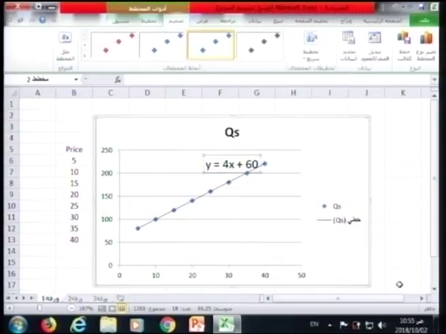The supply function QS equals 60 plus 4P, because here it is a positive sign, 4P.